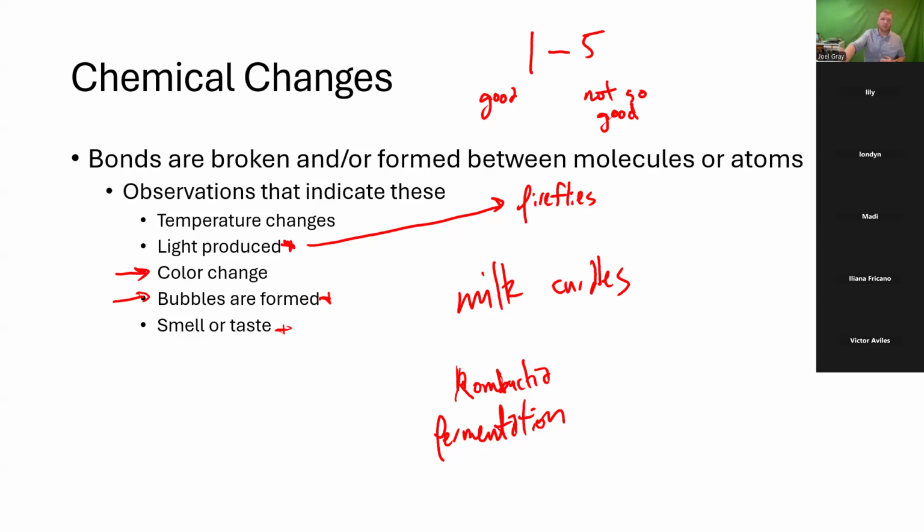Is that an example of a chemical or a physical change? Okay, good. I'm seeing lots of yeses, so that's great. I think that's one of the best ways to study for material in my class: write your own multiple choice questions, and share those with your peers.